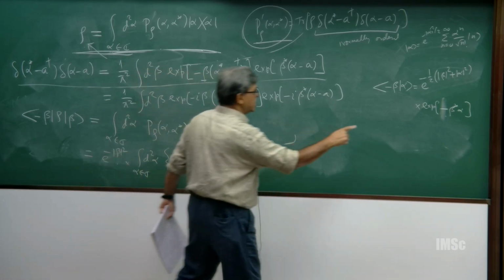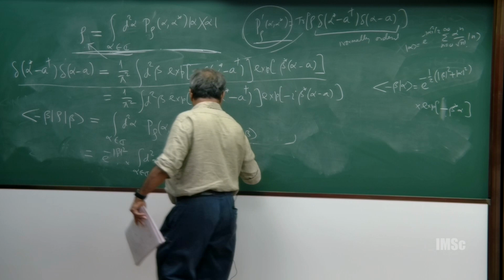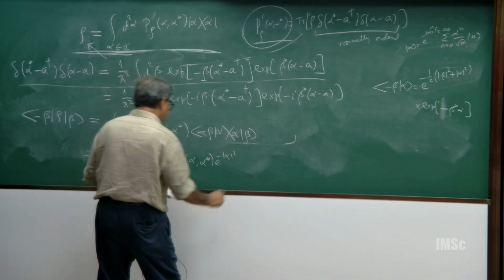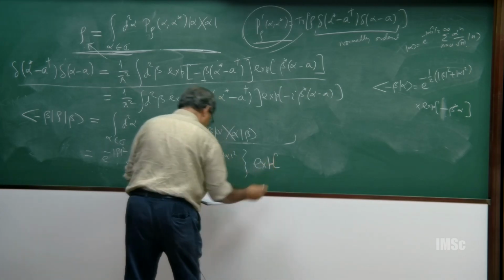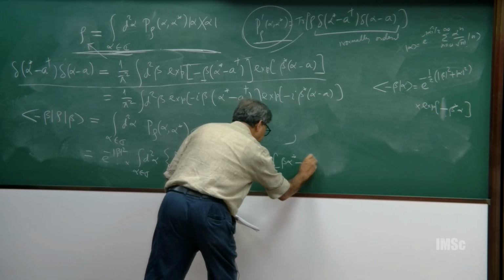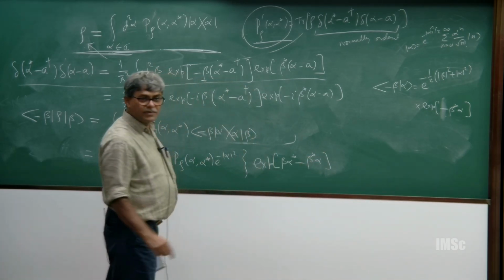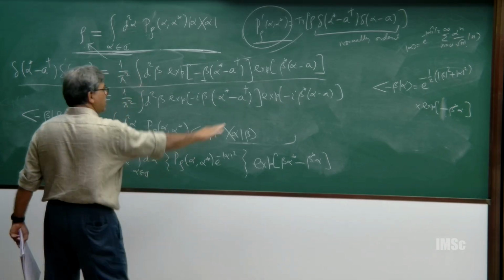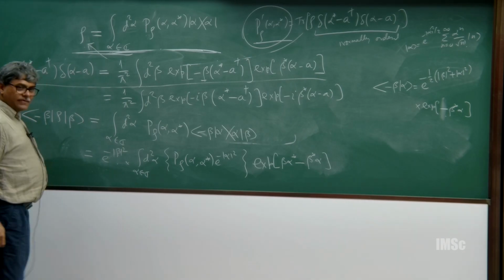Again it will come from here, 1 will come from here, minus half mod alpha square, and 1 will come from here, okay, times exponential of this is beta alpha star minus beta star alpha. Yes. So, you can use this expression and you will see that this is the case.